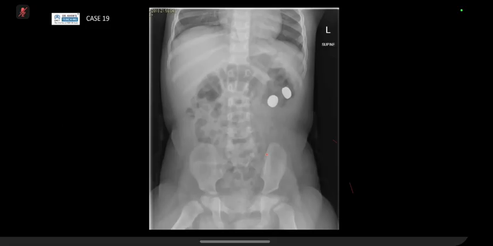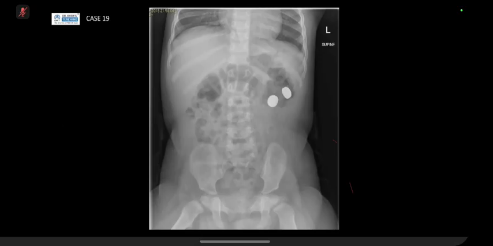Sure. So this is a frontal radiograph of the abdominal X-ray of a pediatric patient. I can see two oval-shaped, rounded metallic densities. I think it's in the stomach.